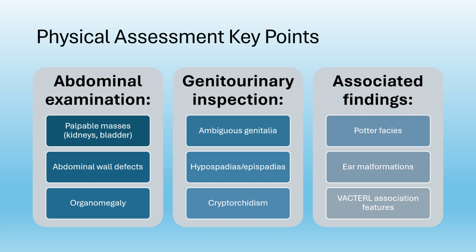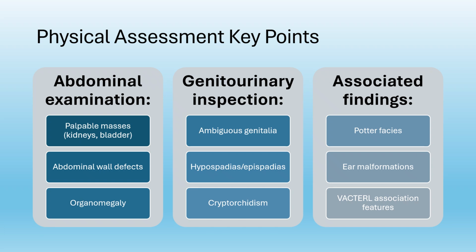Hypospadias occurs when the urethral opening forms abnormally on the ventral penis surface. While mild hypospadias rarely associates with renal anomalies, severe forms with scrotal or perineal openings carry a 40% risk of upper tract abnormalities. Epispadias, with the opening on the dorsal surface, almost always indicates complex urologic pathology.